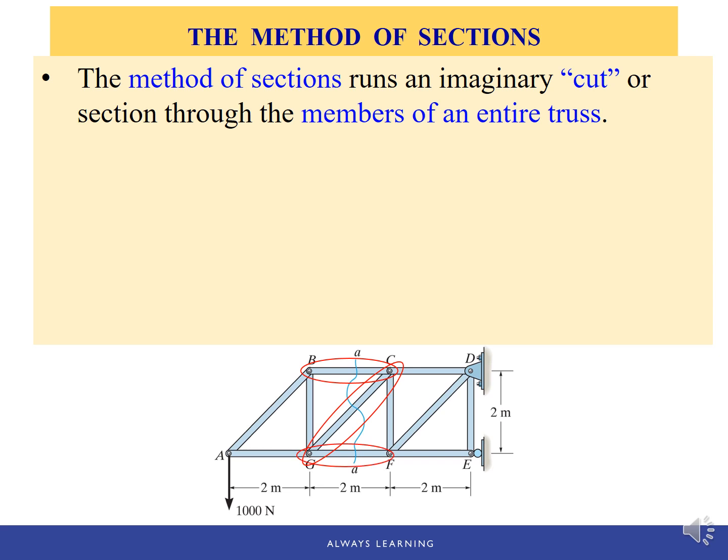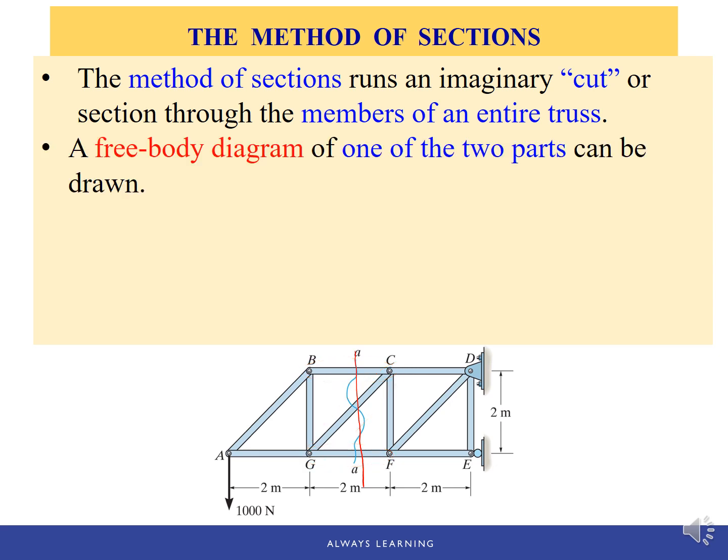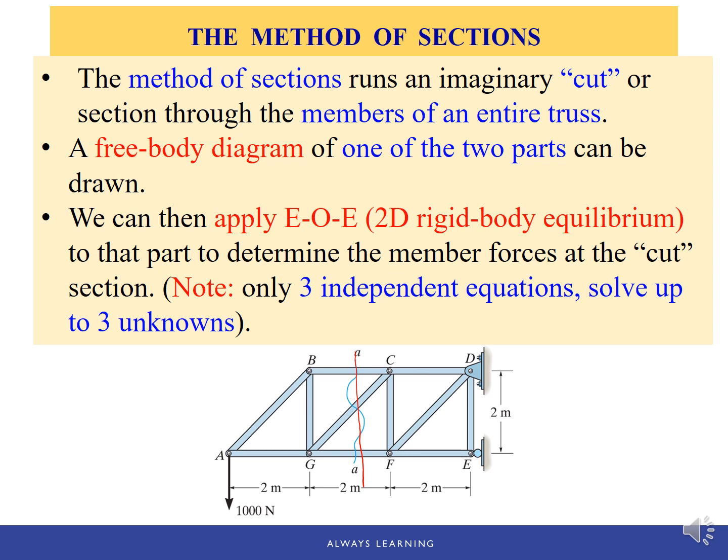The method of sections runs an imaginary cut or section through the members of interest. So in this example, we're going to do a cut just through those three members. Now this truss structure will be separated into two segments, the left and right. We're going to draw the free body diagram of one of the two parts. We can choose either the left segment or the right segment. Then we're going to apply the 2D rigid body equilibrium equations, because now we're not having a particle, but a rigid body.